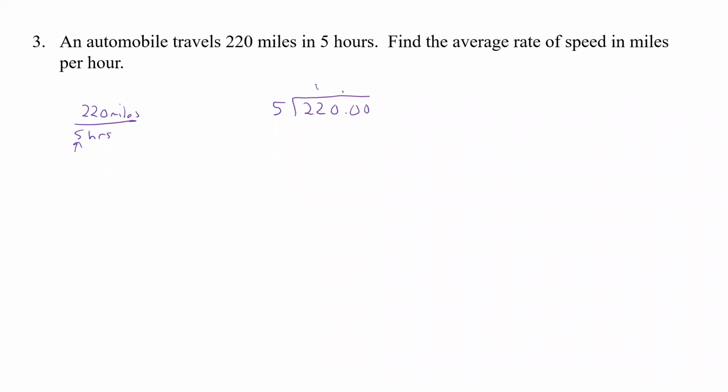Well, 5 times 4 gives us 20. Subtract that, we get 2. Bring down our 0, we get 20 again. That's 4. And so that's 20, 0 after we subtract it off. And so it looks like our rate is 44 miles per hour.